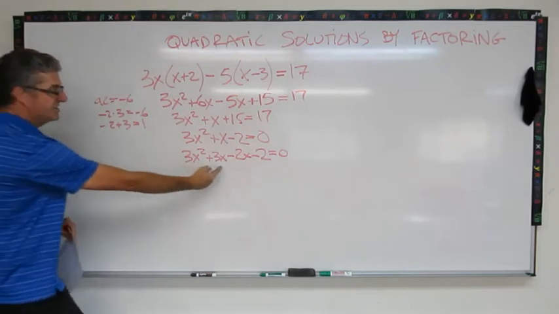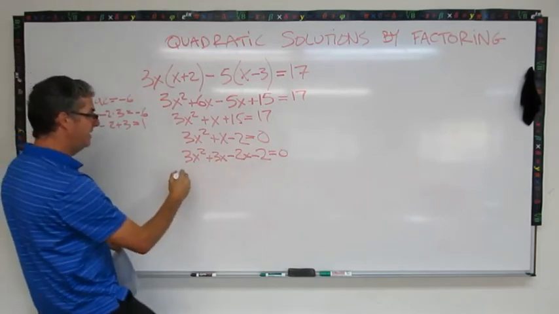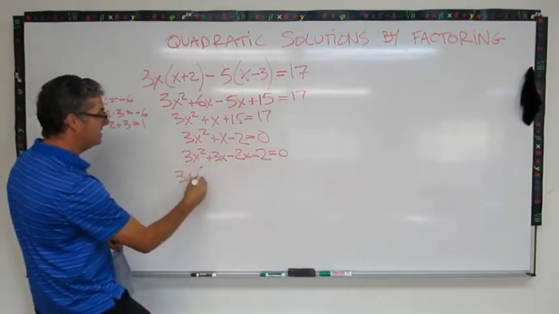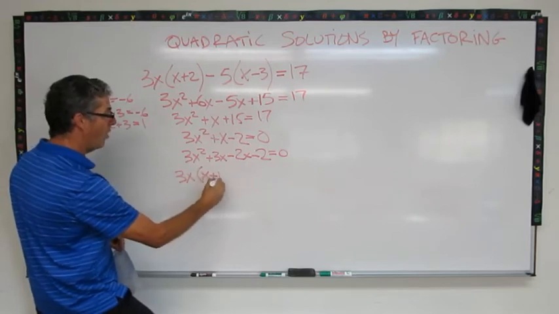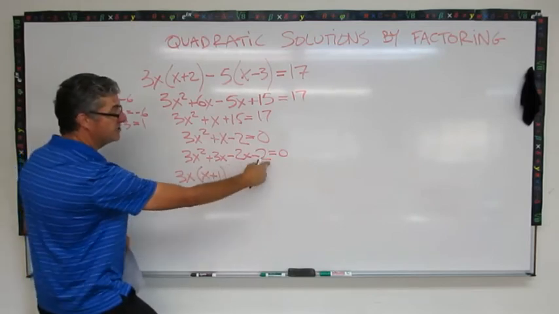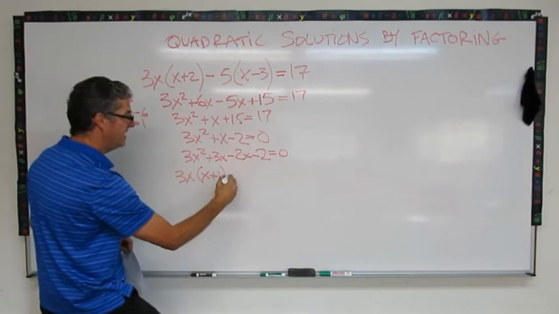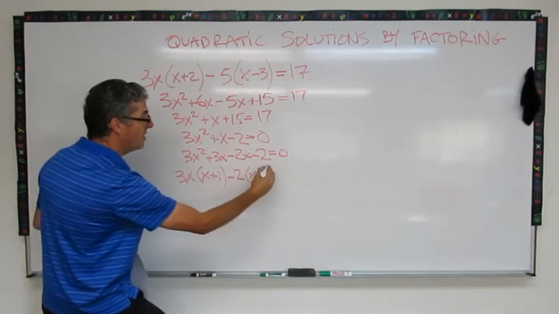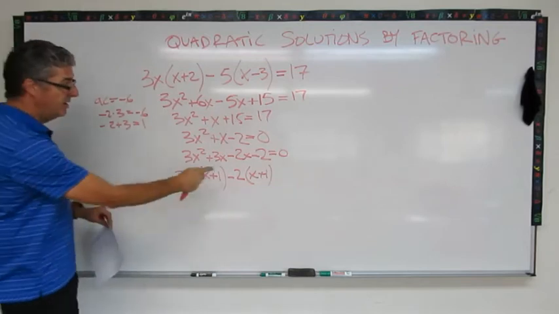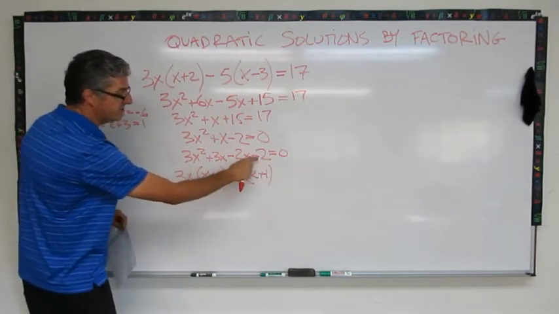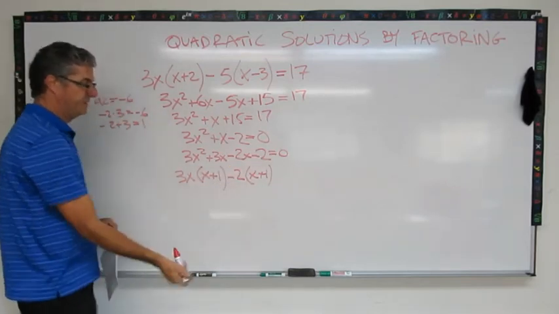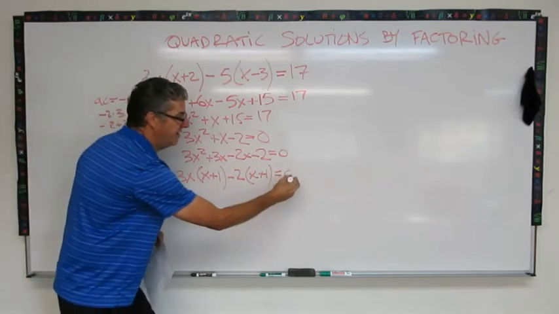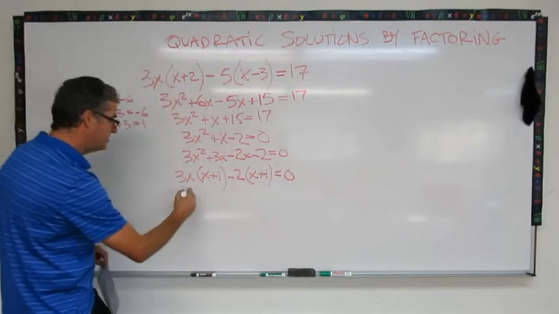Now factor the GCF out of both pairs. I get 3x times x plus 1. Factor the negative 2 out of both those. So I get minus 2 times x plus 1. Remember, like that last problem, I'm factoring a negative 2 out, so this goes positive. All equal to 0. Finish up the factoring.